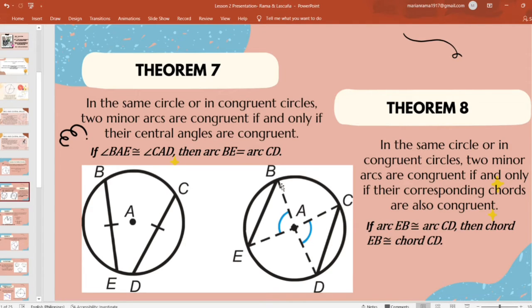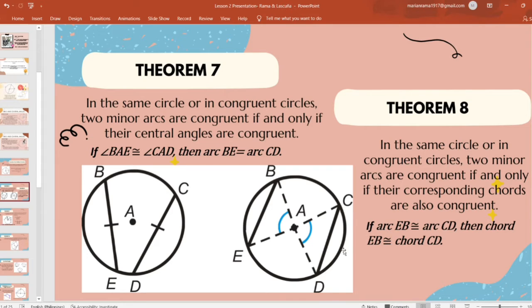Angle BAE is congruent to angle CAD because they have the same central angle. If our angles are congruent, then our arcs on both sides are congruent. So arc BE is also congruent to arc CD.